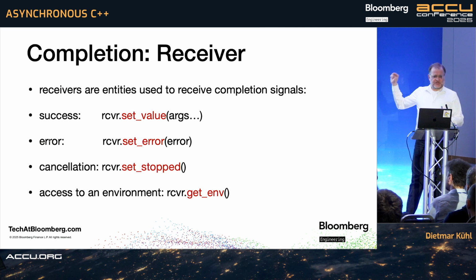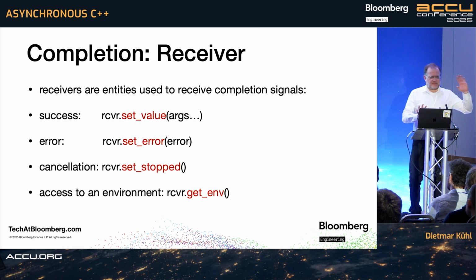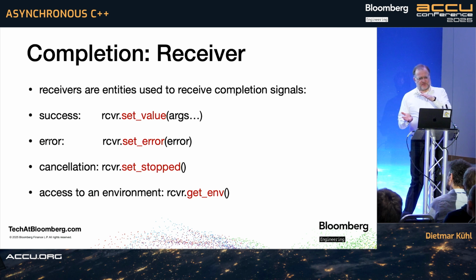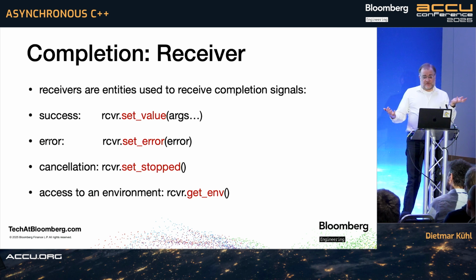Now, distinguishing between these three and actually having them as different functions and operations is not just quite nice, but it's actually quite important if you want to create higher level algorithms. Because you probably want to do something different when you have something like, let's say, a when_all operation, which has multiple senders outstanding.